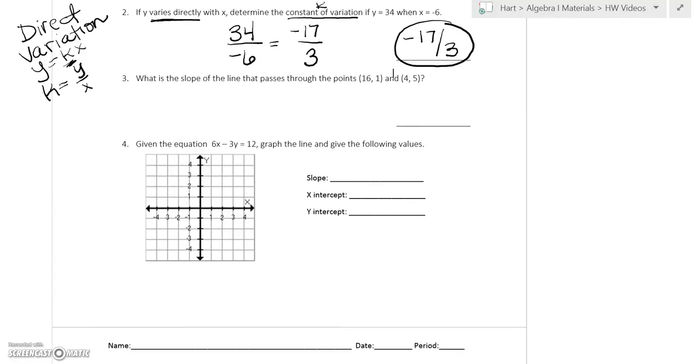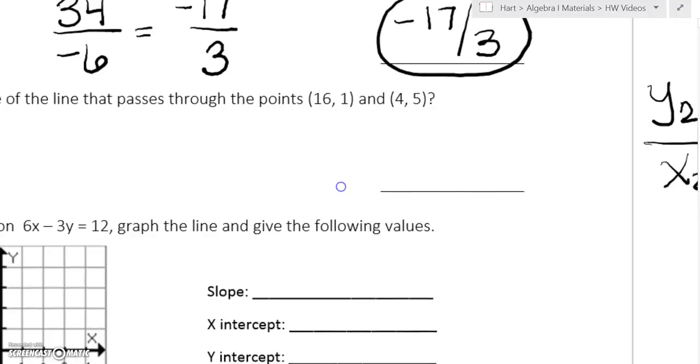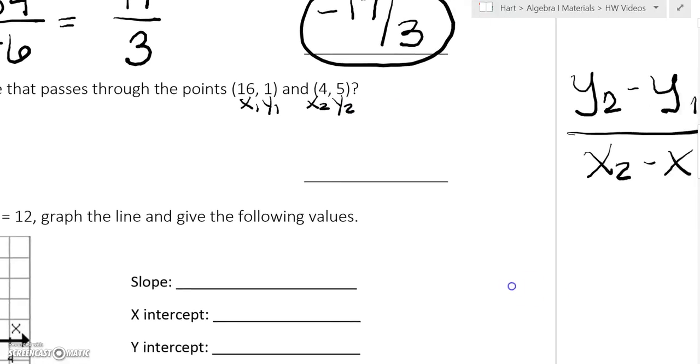Okay, next one says, what is the slope of the line that passes through the points 16, 1 and 4, 5? So this is when you use your slope formula. So if we label the points, it would be x1, y1, x2, y2, and then we just plug it into the formula.